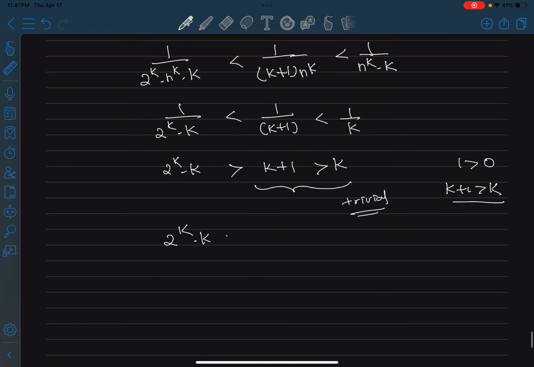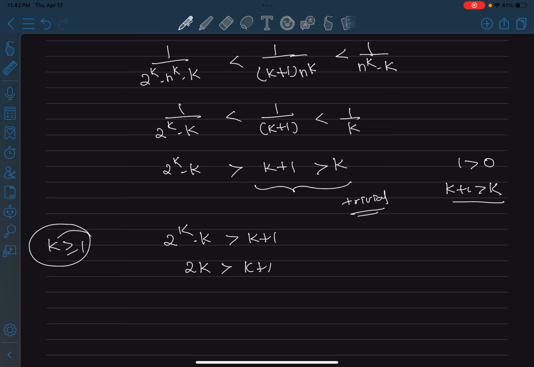And this one is also trivial. Basically, we know that k is greater than or equal to 1, right? So even for the least k, this becomes 2 to the power 1, which is 2, so 2k versus k plus 1.